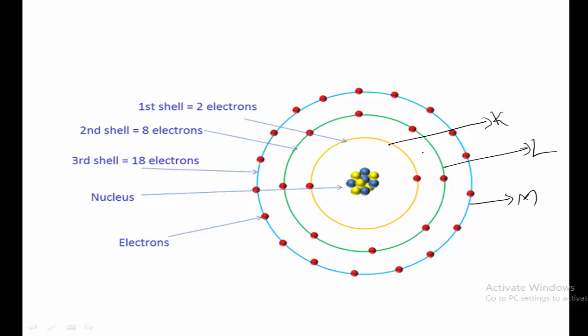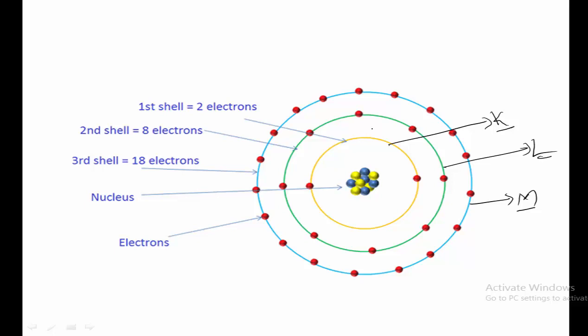So the first orbit is the K shell, the second orbit the L shell, the third orbit the M shell. Since the electrons are revolving in each shell or each orbit, we should know how many electrons are present in each shell.